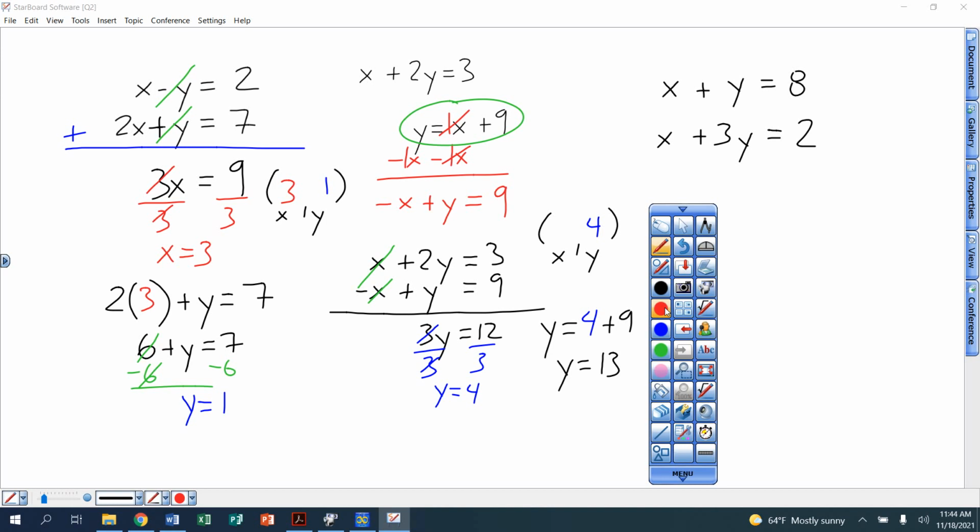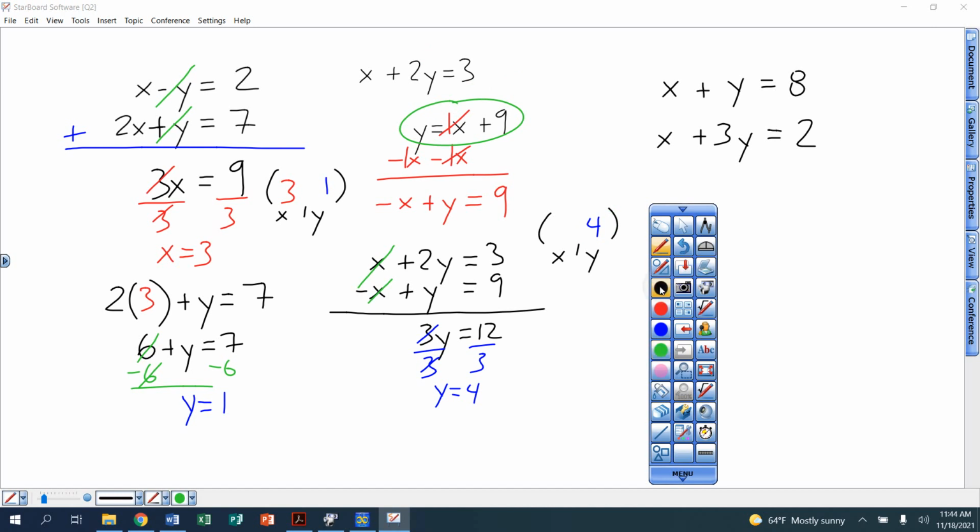I plugged in that 4 in the x location. Look at that. Don't do that. Take this 4 and put it where y is. Don't make my mistake. This is the y number. Plug it in here or plug it in here. You could see my mistake was I plugged it in for x.